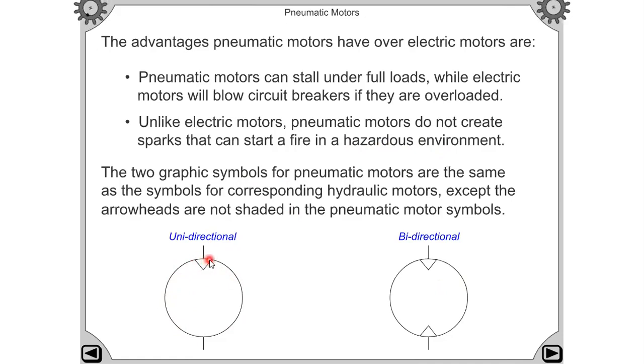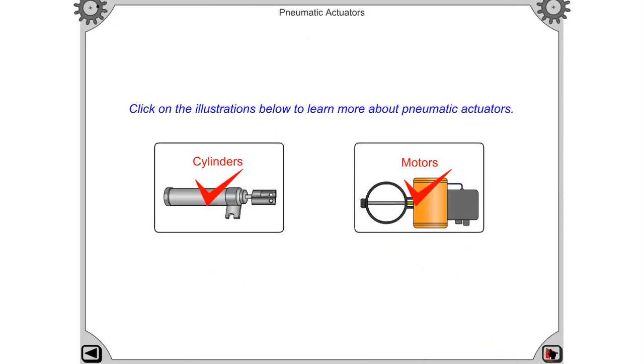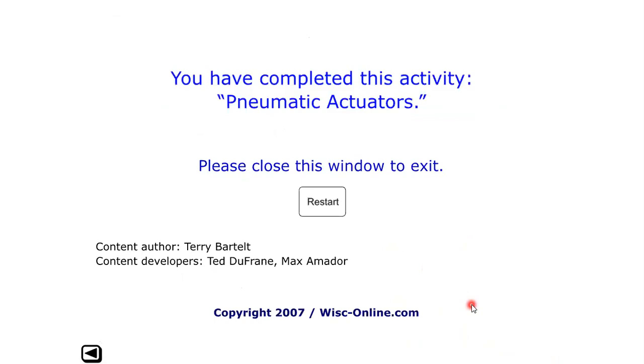If it is solid, then it becomes a hydraulic motor. For bidirectional, I show two triangles facing inside the circle. So this is the pneumatic symbol of the motors. Okay, so this finishes the actuators.